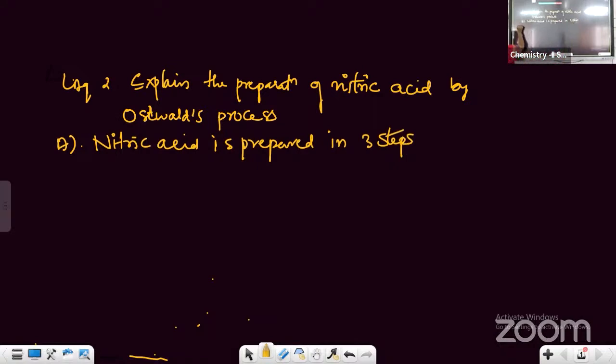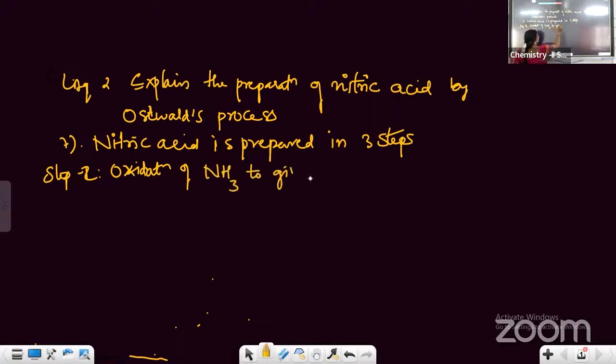Step 1. What is step 1? Step 1 is oxidation of ammonia to give nitric oxide.